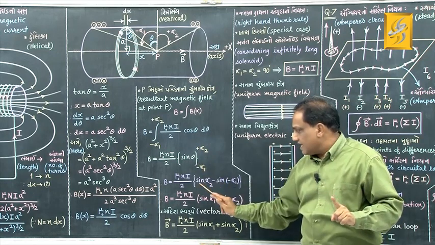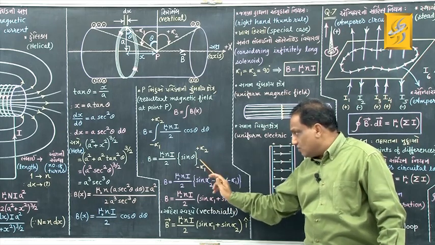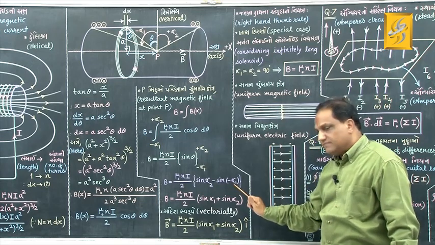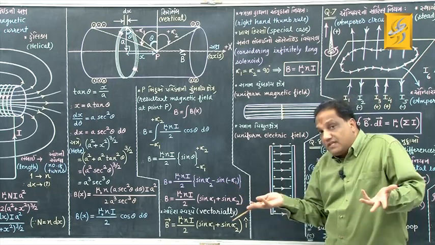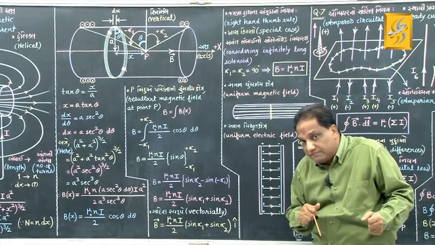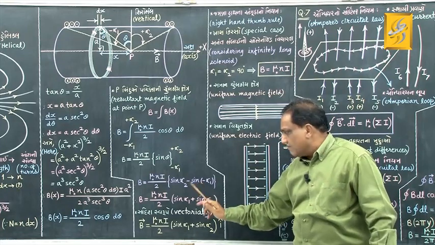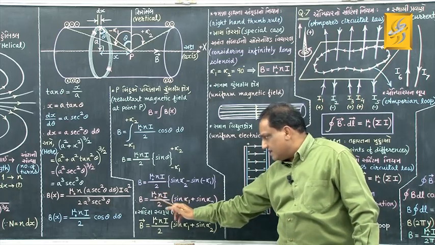Put it here, sin alpha 2. After placing a minus sign, instead of theta, you must write the lower limit, that is minus alpha 1. Correct? And now don't you know, sine of minus alpha 1 is nothing but minus of sine alpha 1. That minus and this minus will become plus. So inside the bracket, it will appear sine alpha 1 plus sine alpha 2. And this part as it is.